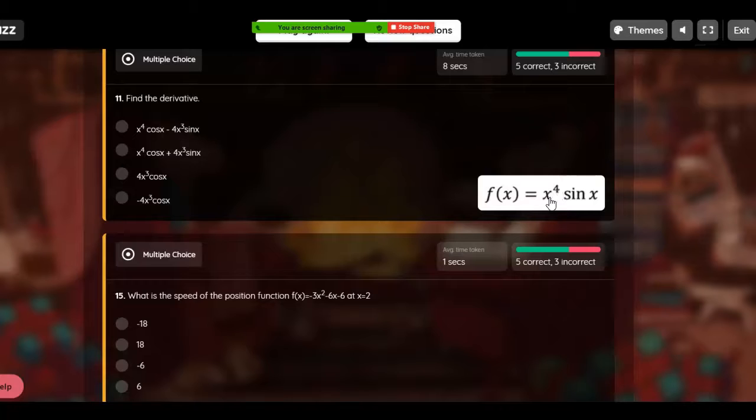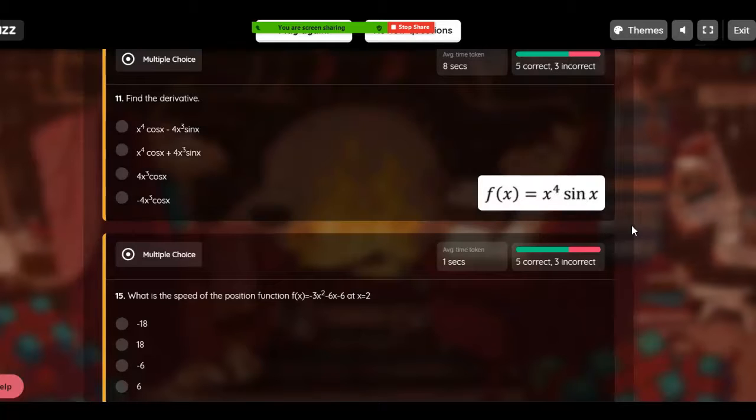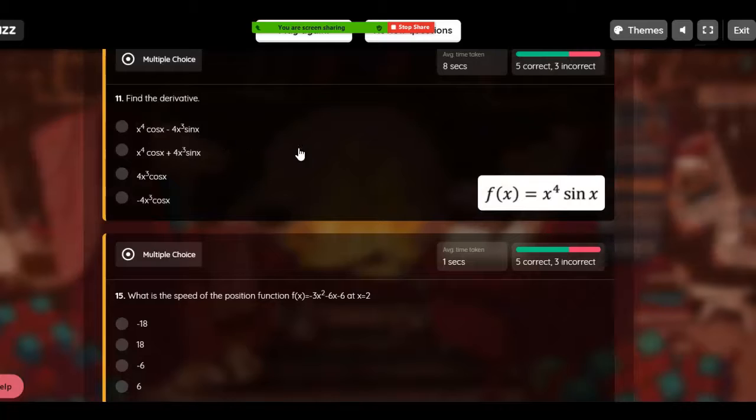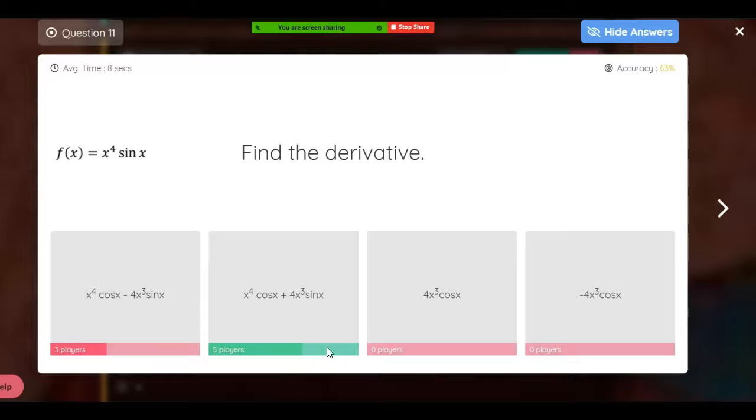So in order to do that, you had x to the fourth times cosine x plus sine x times 4x cubed. So that was this answer choice right here. And again, you can see the only difference between the correct and the incorrect was we picked a negative.